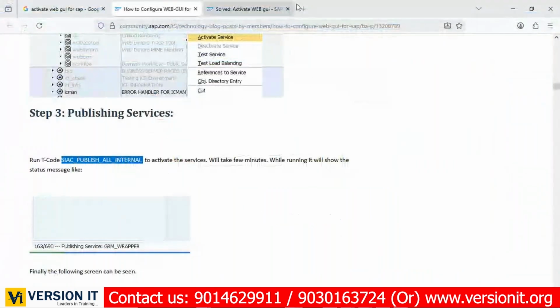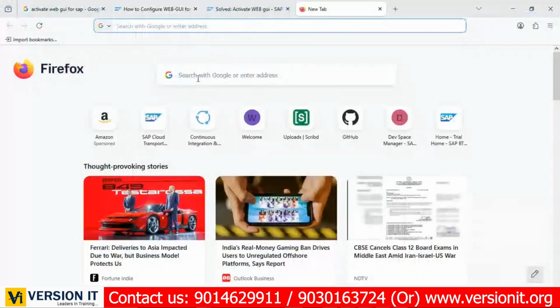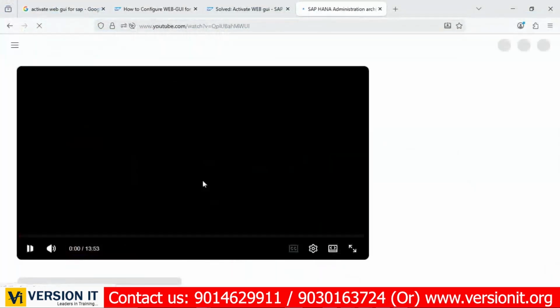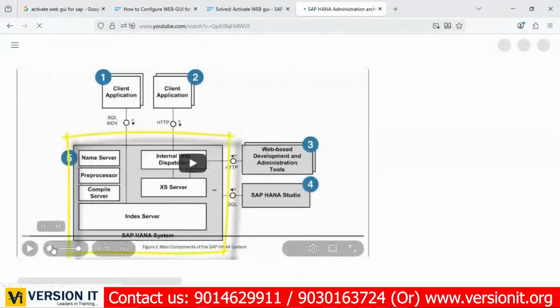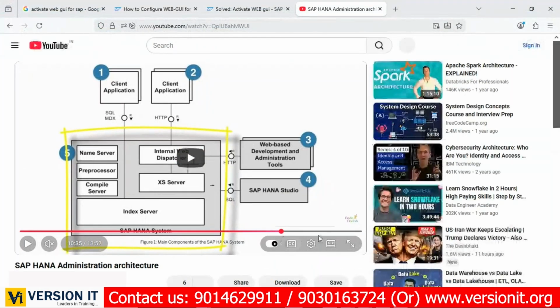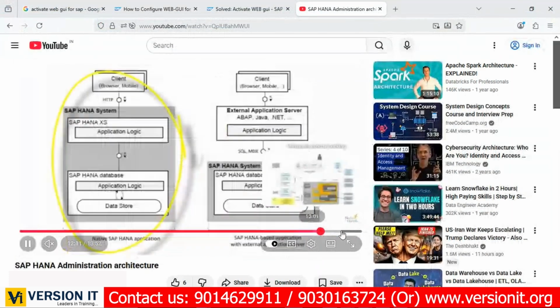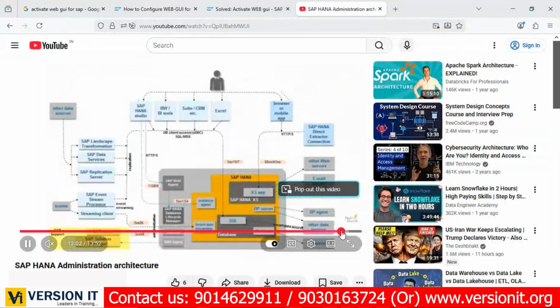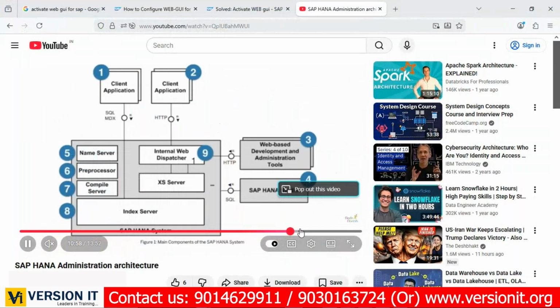The very first server they built is the index server. Then you have the name server. Then you have the pre-process server. In this way, different servers are built.